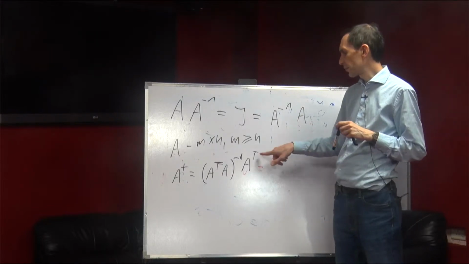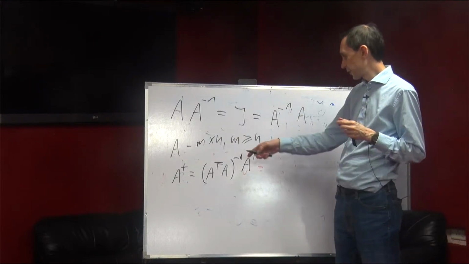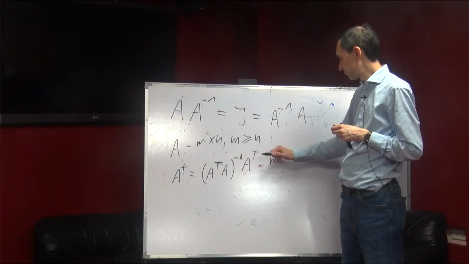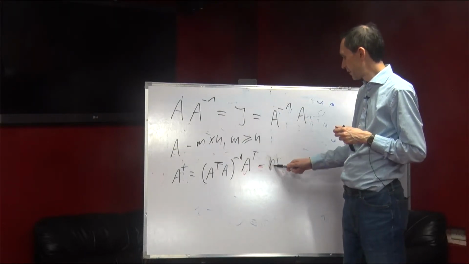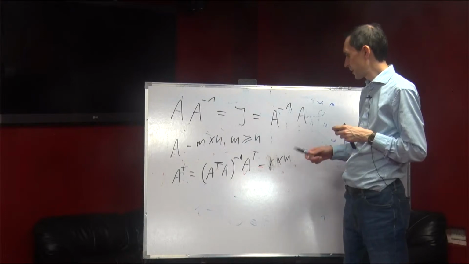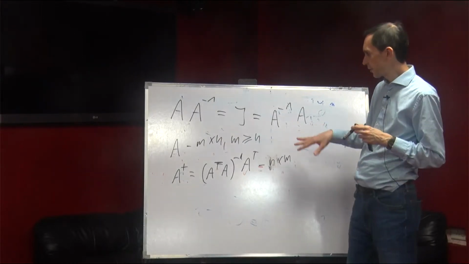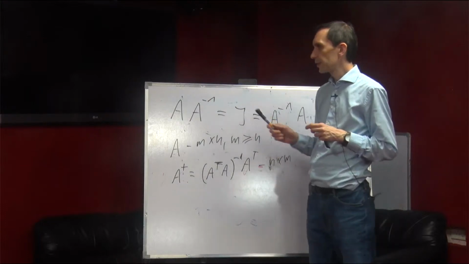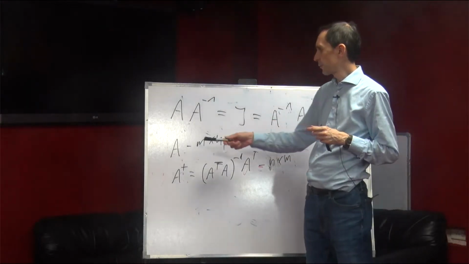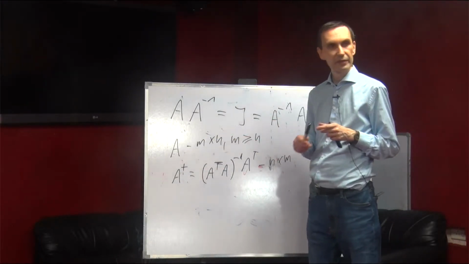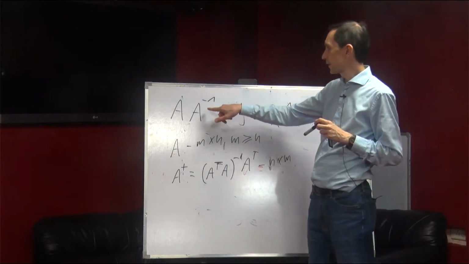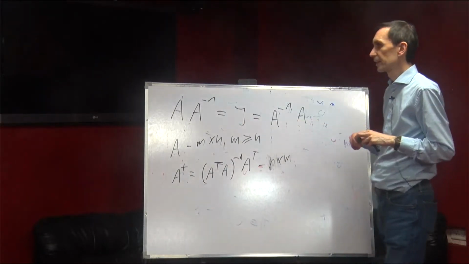Yeah, it's an n times m matrix. So what comes out here is, of course, an n times m matrix. So at least somehow it fits, in the sense that you can now ask what happens if I multiply this matrix with A, as we did for the inverse.